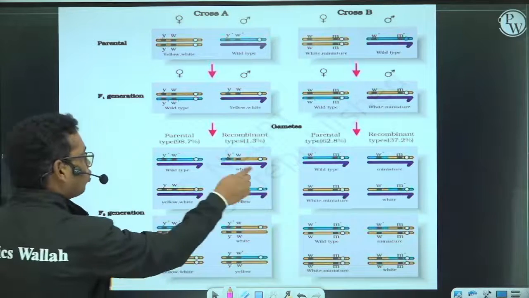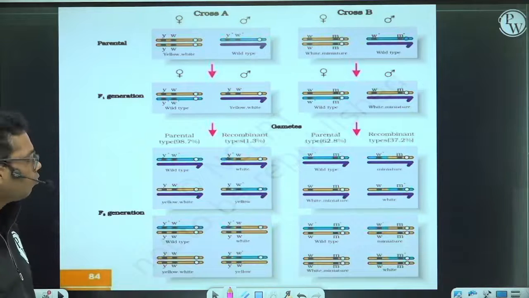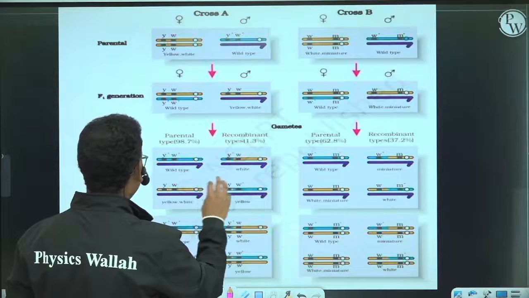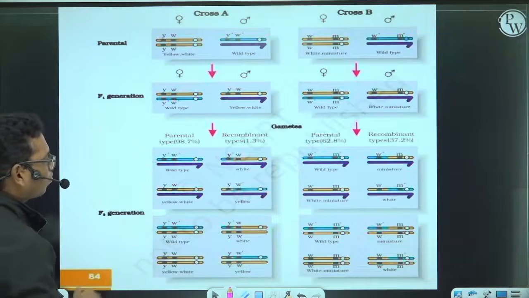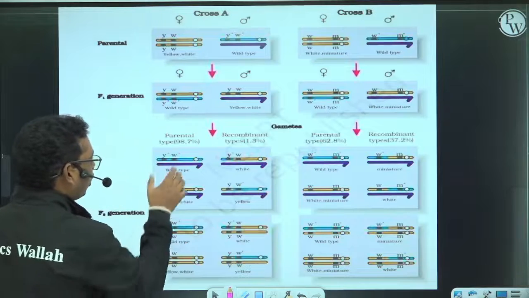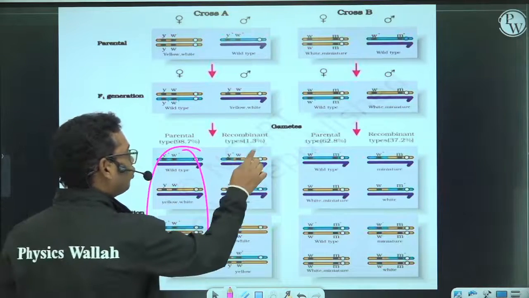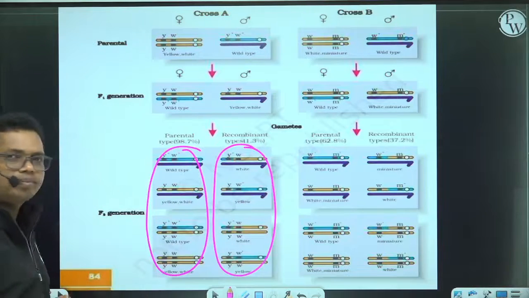One, two, three, four, five, six, seven, eight different types of combinations. This one is wild type, this one is wild type. Sorry, all these are called the parental generation, and all of these are called the non-parental or recombinant generation.